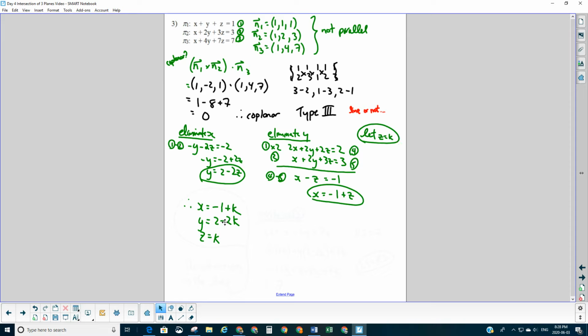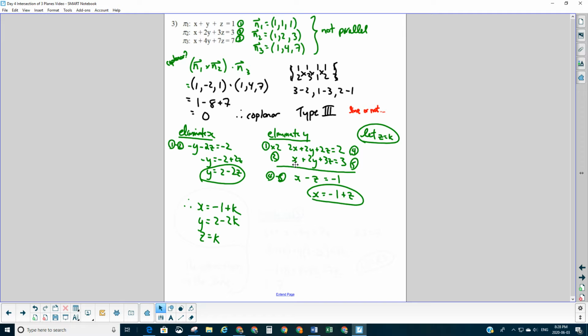Let z equal k, and get that this is the line, which is the intersection between plane 1 and plane 2. I used exclusively 1 and 2 to get this equation. Okay, so if you need more review on that, go back and watch yesterday's video.